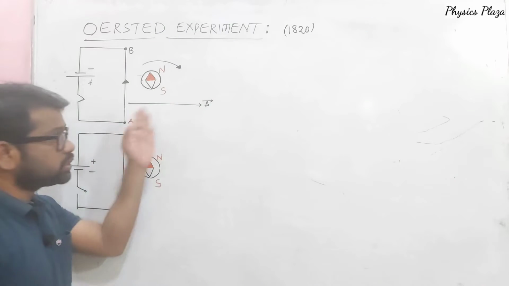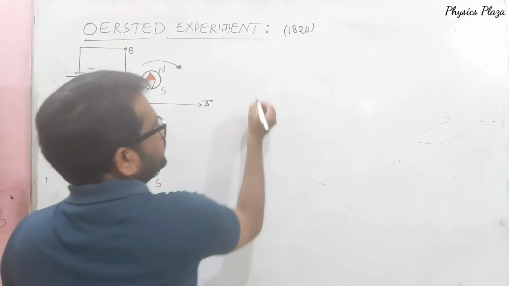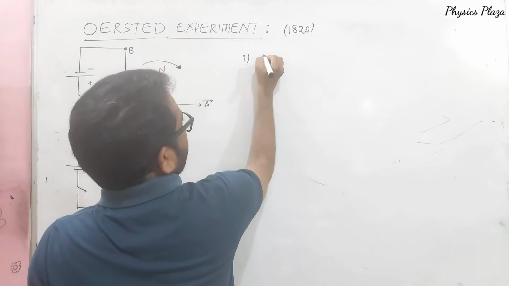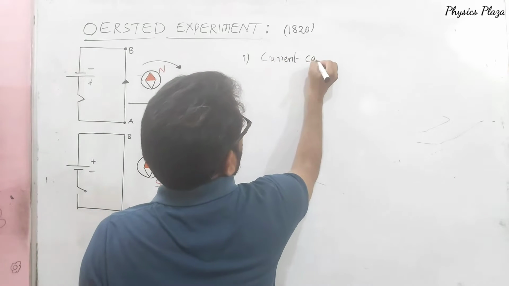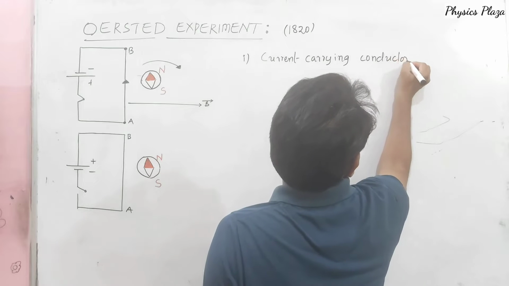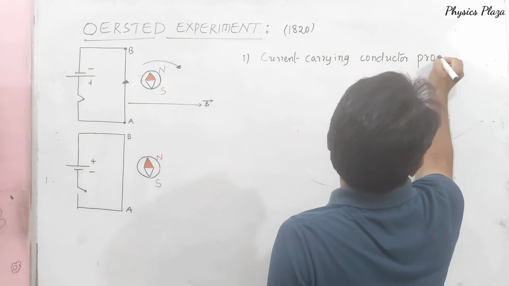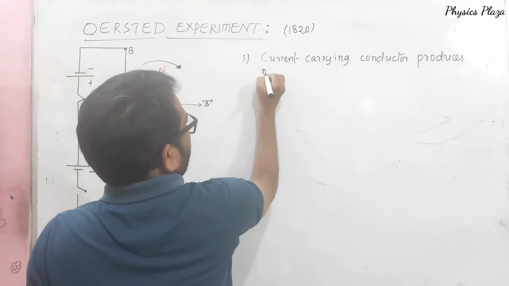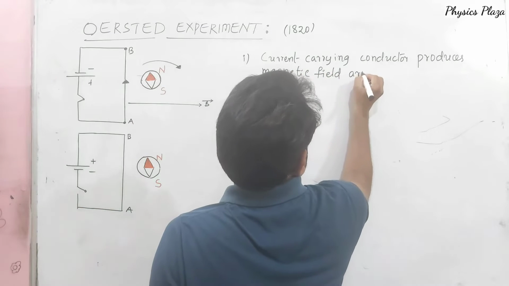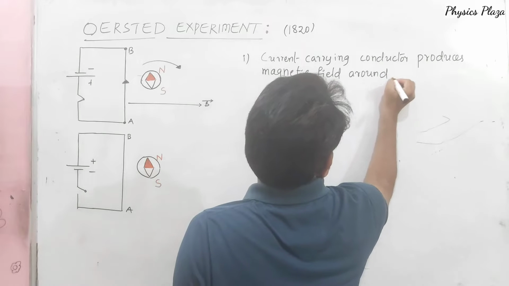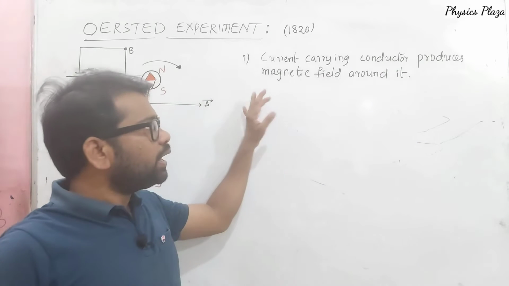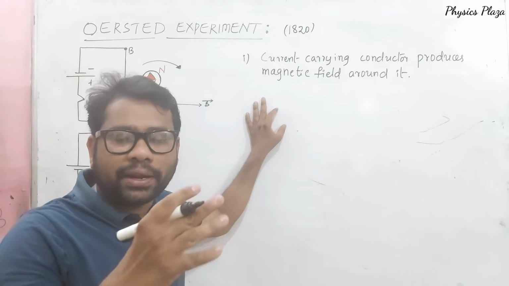Now, that is the first one, very important. So, what is the first conclusion of Oersted experiment? Children, this is the first observation: current carrying conductor produces magnetic field.